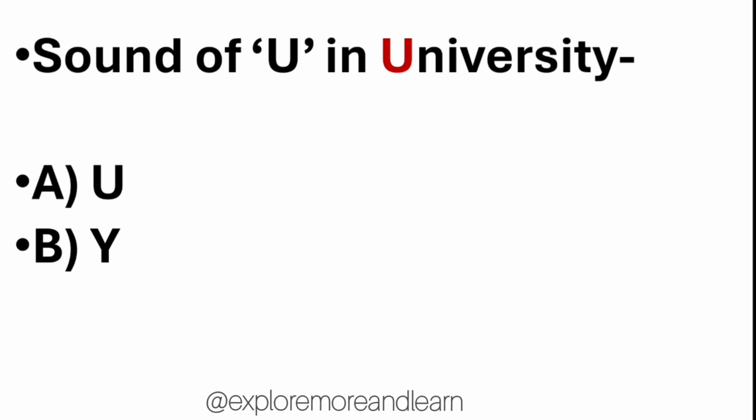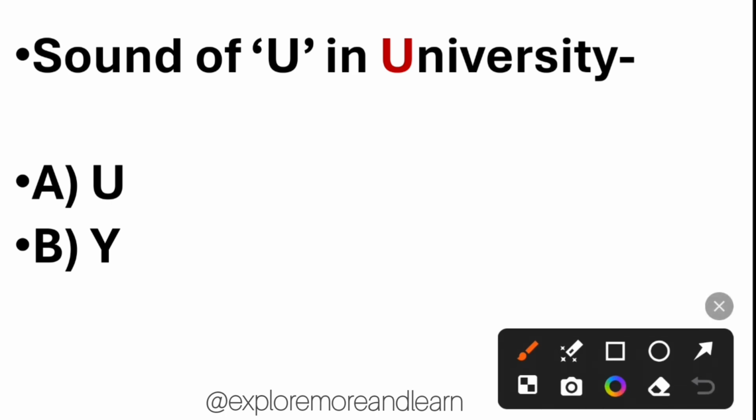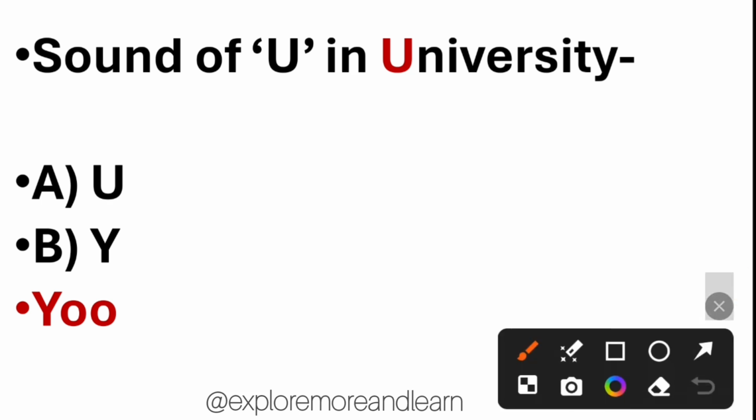Let me tell you the answer, that in this word, the sound of the letter U is Y, not U. Because you know, this is the letter U and it has the sound either U or A. But here we have the sound Y. That's why we use a university, okay, not an university. Why? Because the sound of the letter U is Y, not U.